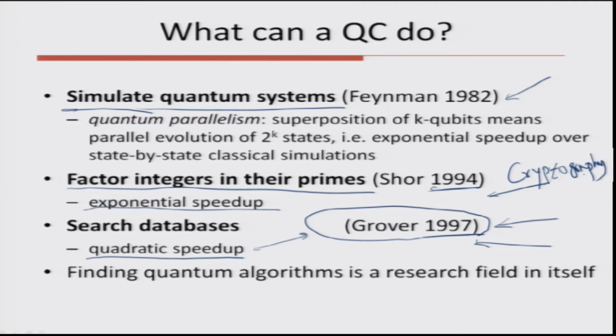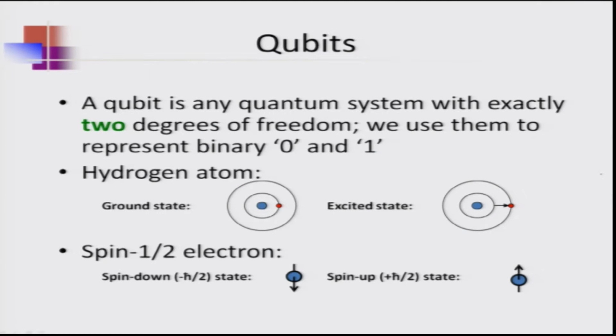Some of the applications that are already being done today in defense labs in some countries around the world are due to the fact that this factorization, which gives rise to extreme security, is possible because of this particular principle of Shor's algorithm, which gives rise to exponential speed up.